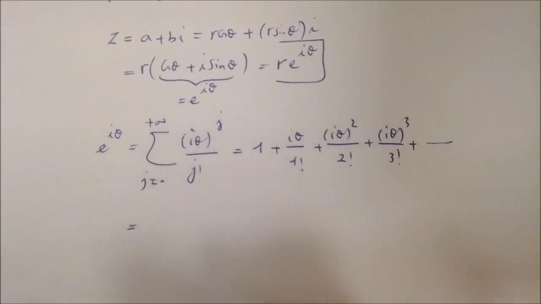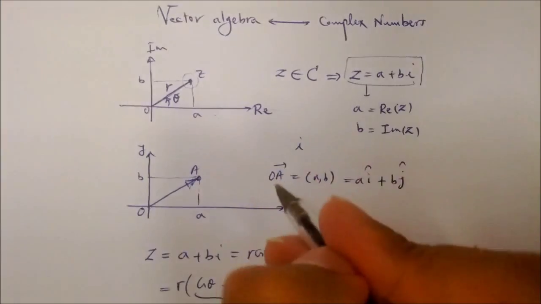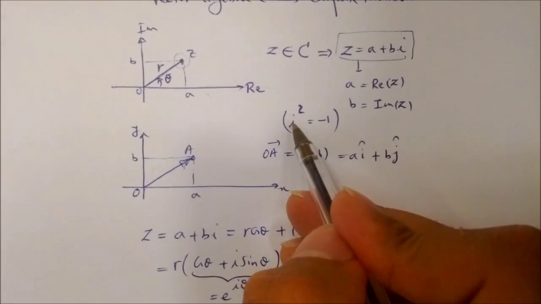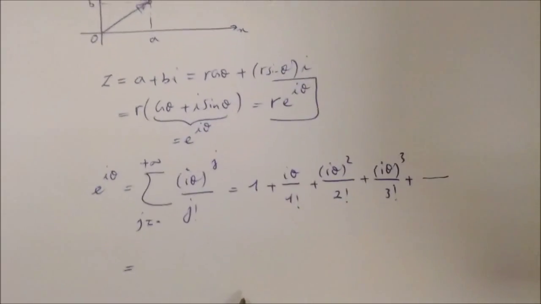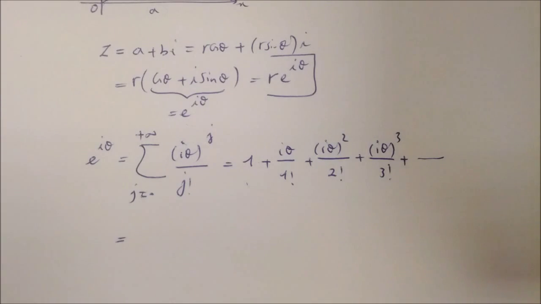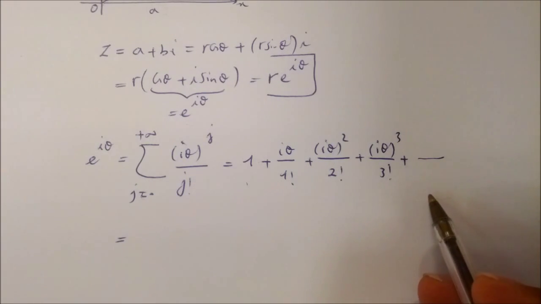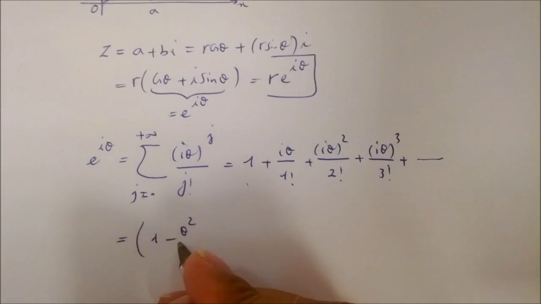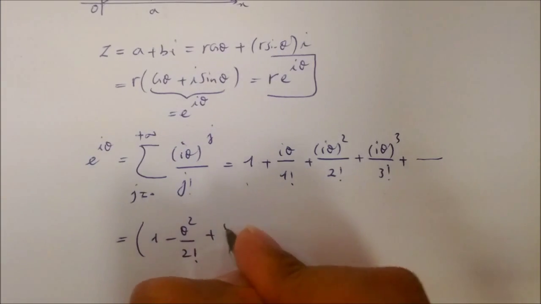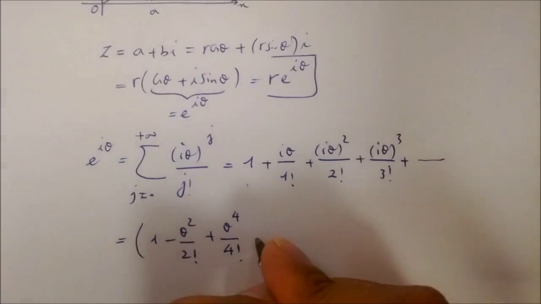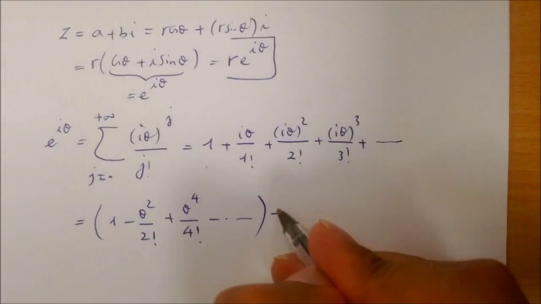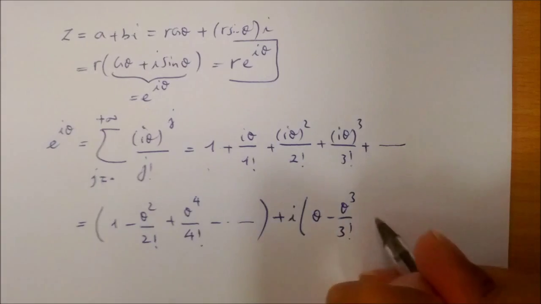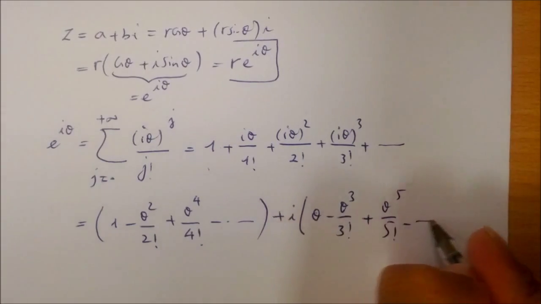So if I separate, considering the fact that i squared is equal to minus 1, this is the definition of the complex number i. If I separate the real and imaginary parts of this number, I'll have 1 minus theta squared over 2 factorial plus theta to the 4 over 4 factorial minus etc., plus i times theta minus theta cubed over 3 factorial and so on and so forth.